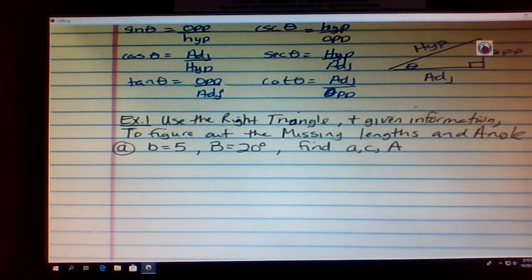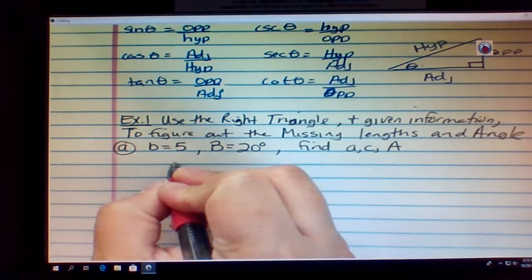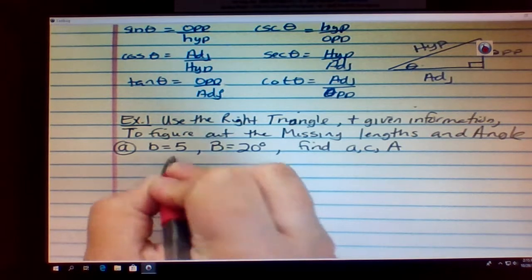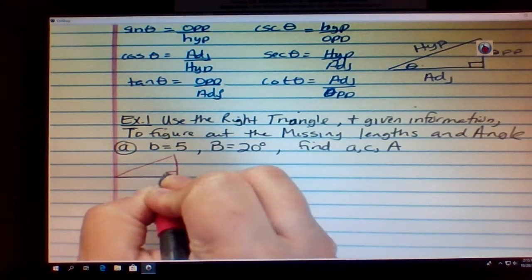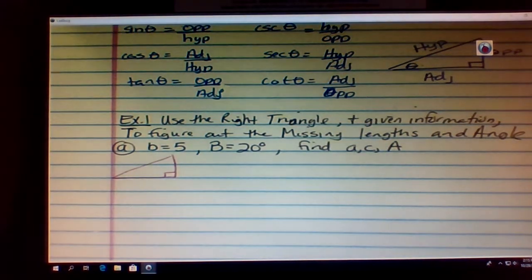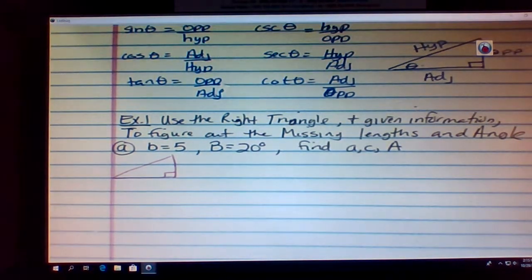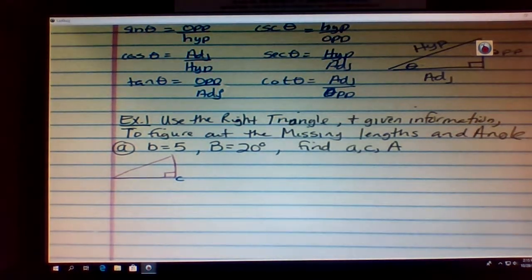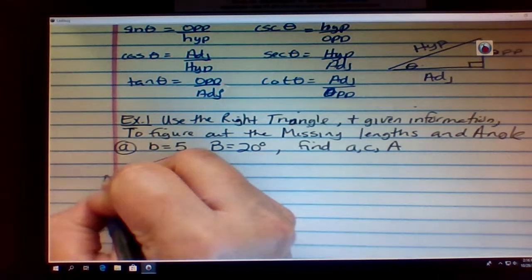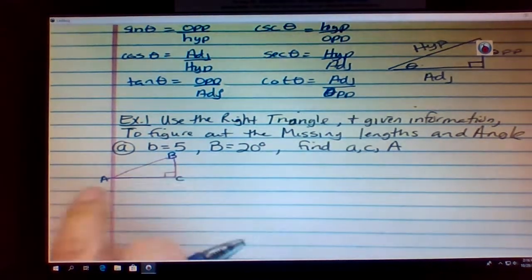My recommendation is for you to actually draw a triangle, because that's the only way you're not going to make a mistake. This is my 90-degree angle right there. I'm going to call this C, and this is your A, and this is your B.